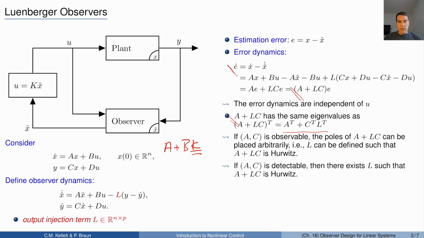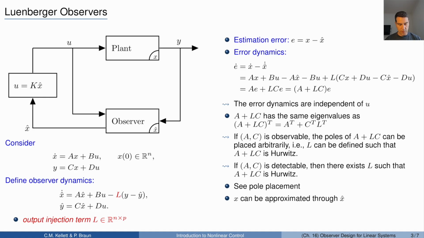Here, instead of controllability, we need the concept of observability, depending on the matrices A and C. If the system is observable, which is defined and discussed in chapter 3 of the book, then L can be defined such that A plus LC is a Hurwitz matrix. Or, under the weaker assumption that A, C is detectable, that also already implies that we can define an observer such that A plus LC is Hurwitz, which means that the error x minus x hat converges to 0.